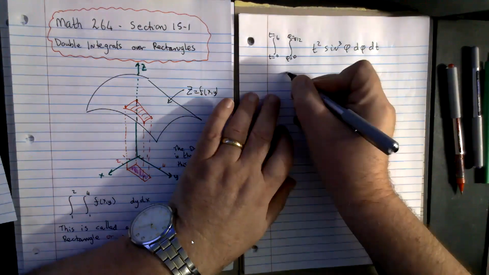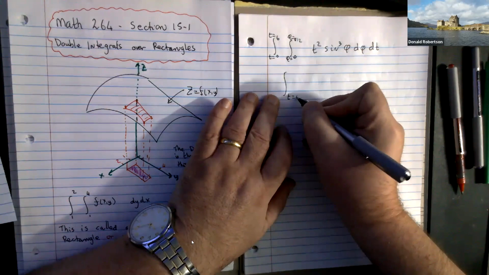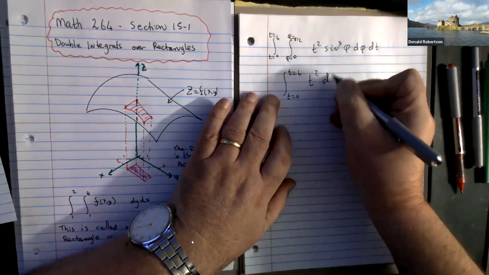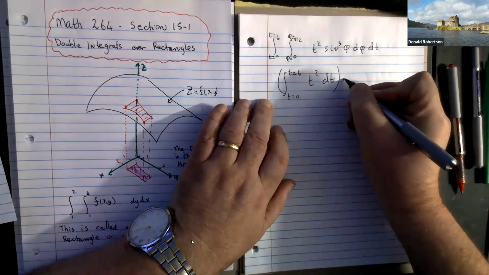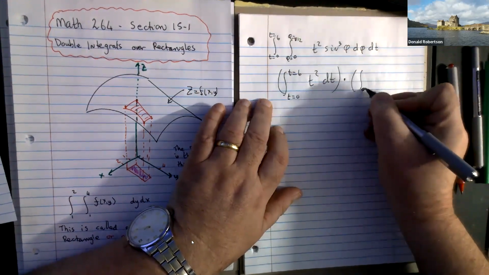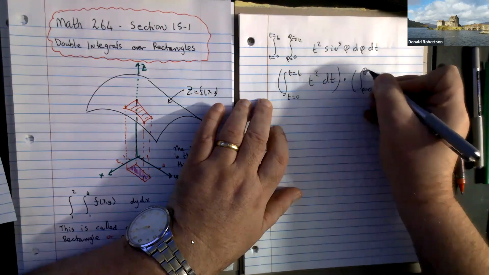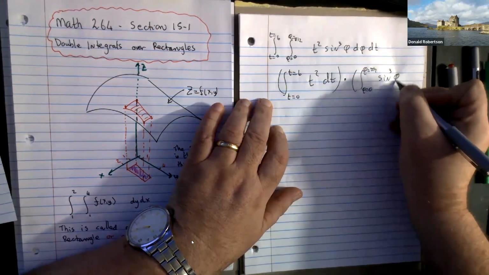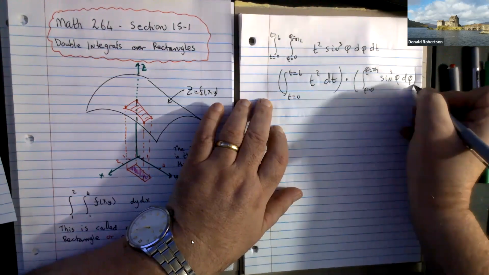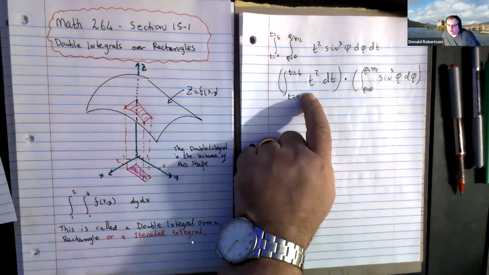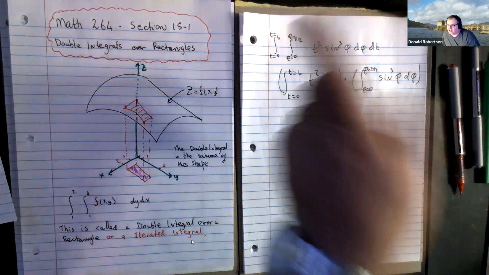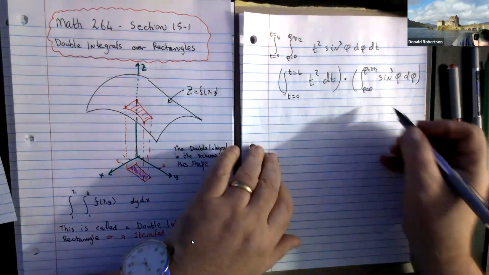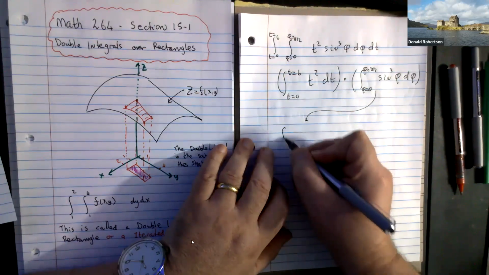And because of that, it becomes the integral from t equals 0 to t equals 6 of t squared dt times the integral from squiggle equals 0 to pi upon 2 of sine cubed squiggle d squiggle. Right, I'm not even going to talk about that one. Isn't that a third t cubed and you get a number, right? That's baby stuff. This one I am going to talk about. Let's do this one on its own.